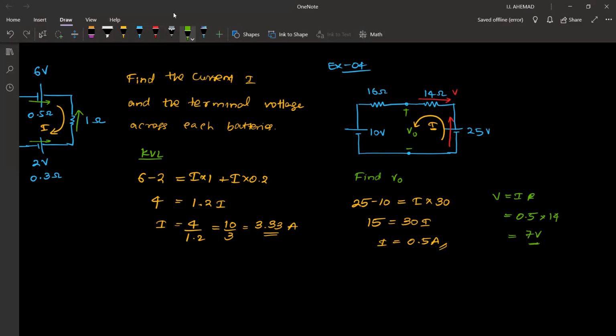So V naught is equal to 25 minus 7, because I am starting from here. Here we have an increase in voltage by 25. Here we have a drop because the arrow is in the opposite direction. So V naught is equal to 18 volt.